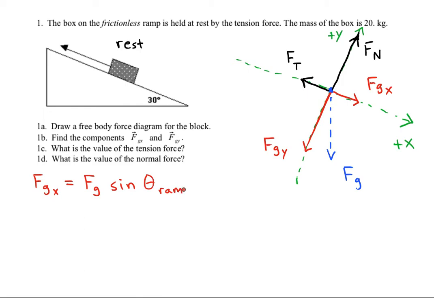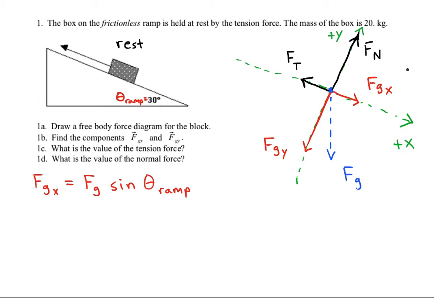Now notice, it's not the theta of the Fg vector itself. Like, it's not a standard position angle that we're talking about here. That's why we're using sine with x, because it's a totally different angle. It's actually the ramp angle. Our theta of the ramp is 30 degrees.